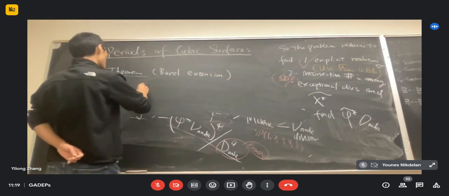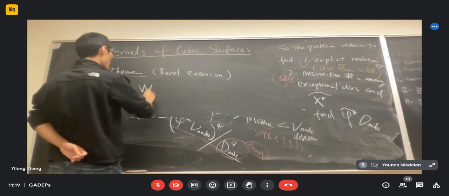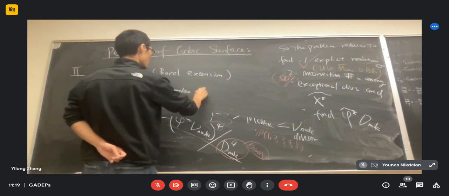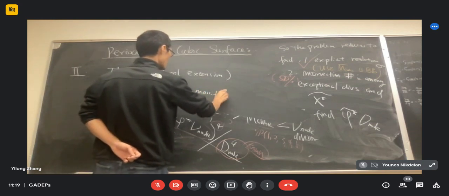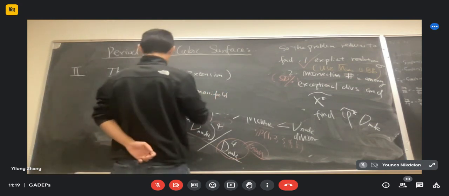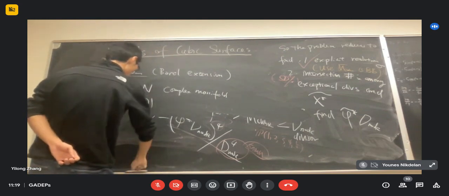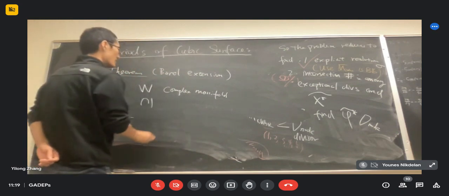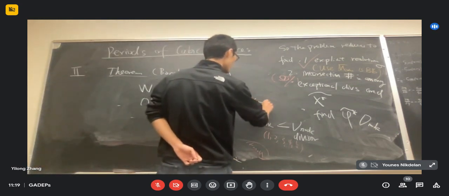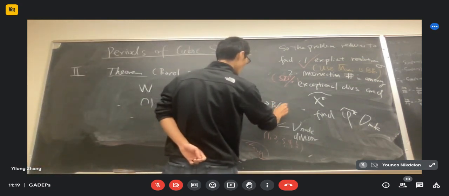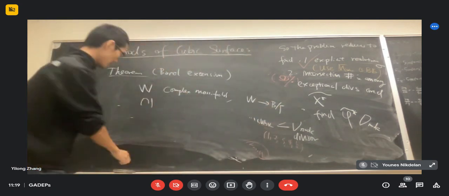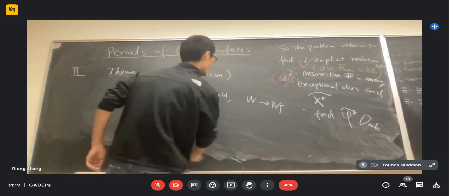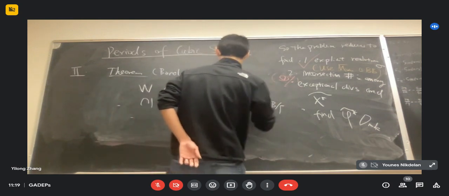Say you have a space W, a complex manifold, and suppose we have a map to the ball quotient, and it's holomorphic.